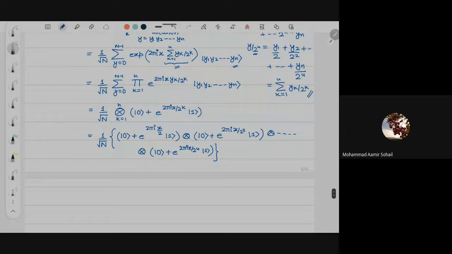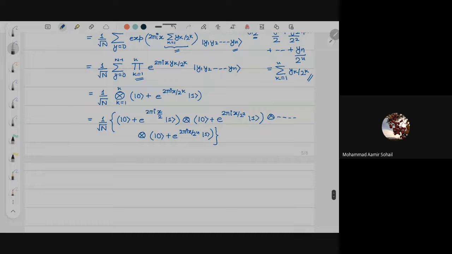Now I am taking the summation out of this exponential, and it will become a product, because e of x plus y is equal to e of x times e of y for any real numbers x and y. So we take the summation outside, and it becomes a product.